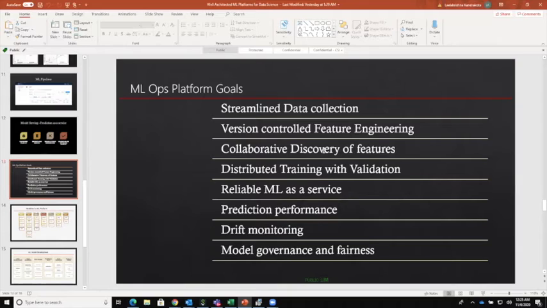I have seen N teams where there is no collaborative discovery of features, which means from 10 data sets, we picked some random features which are useful, but we didn't leverage or mine the knowledge about our features. That means there is no team effort, very simply.